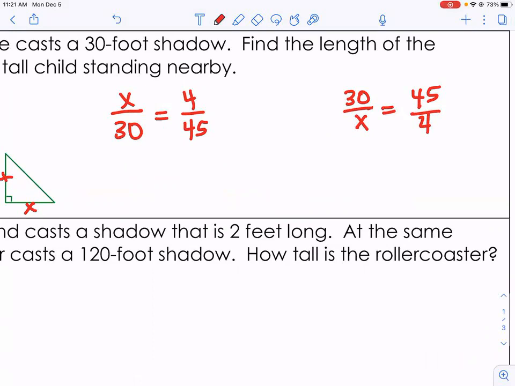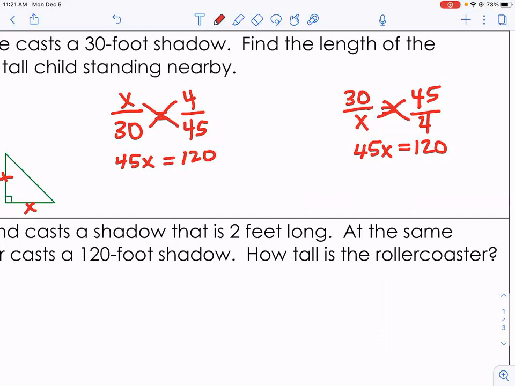Either way, it's fine. Just watch, Corin. When I cross multiply, I'm gonna get 45 times x equals 4 times 30. Over here, Corin, I get 45 times x equals 4 times 30. Either way, you're gonna get the same thing.